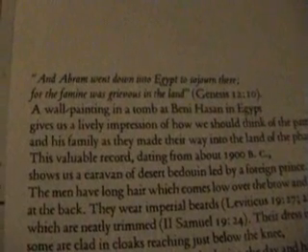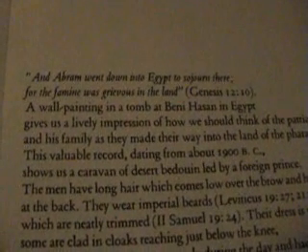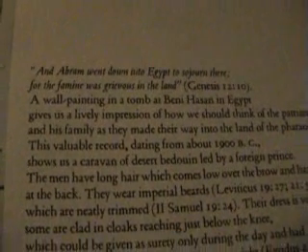A wall painting in a tomb at Beni Hassan in Egypt gives us a lively impression of how we should think of the patriarch and his family as they made their way into the land of the pharaohs. This valuable record, dating from about 1900 BC, shows us a caravan of desert Bedouins led by a foreign prince.